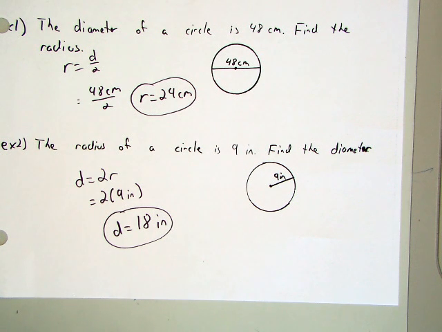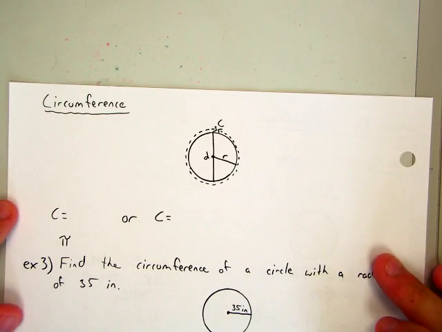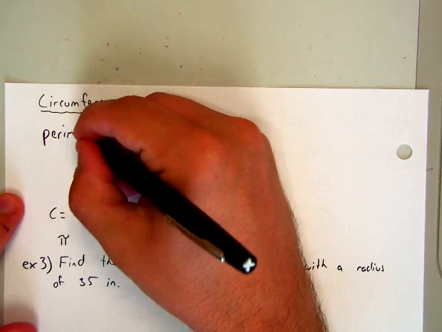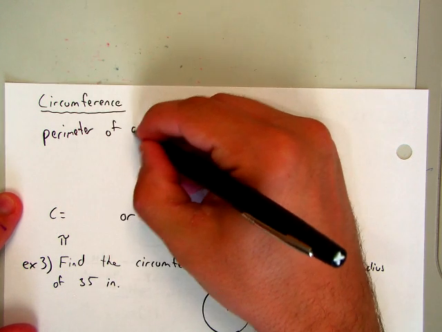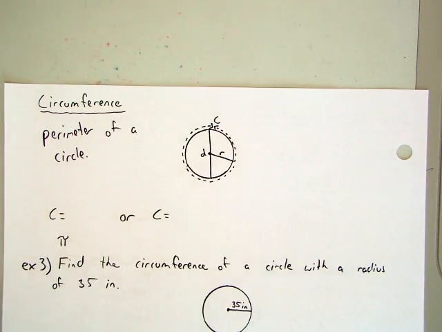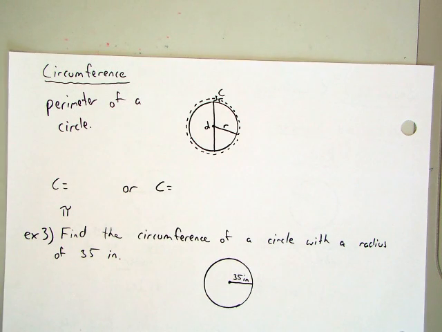All right, now that we know about the radius and the diameter, we can use that information to help us find circumference. So circumference is the perimeter of a circle. And there are 2 formulas that we can use depending on which dimension we know.